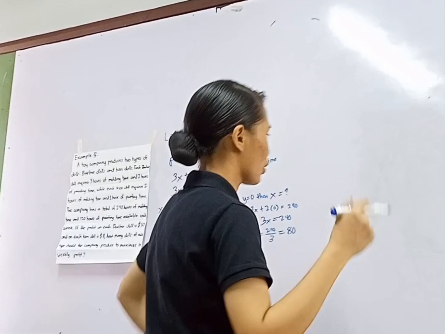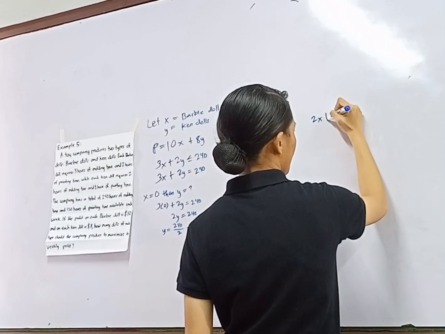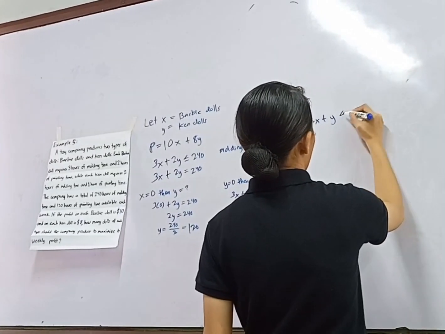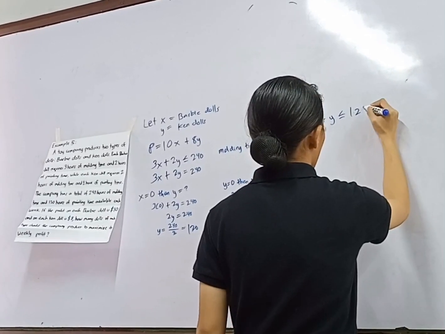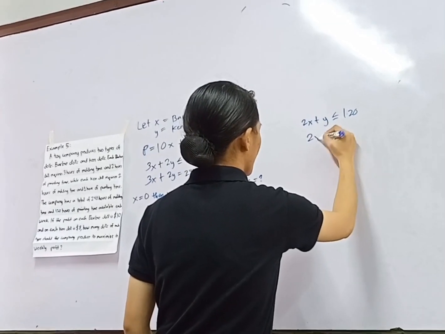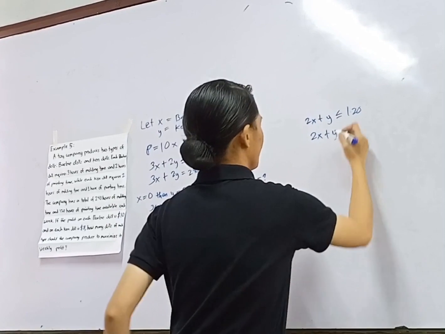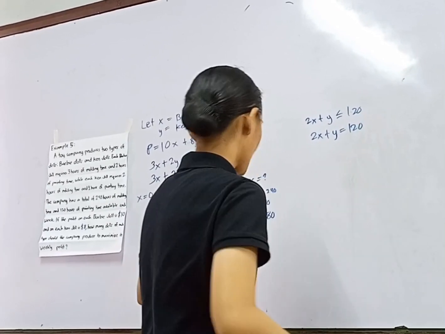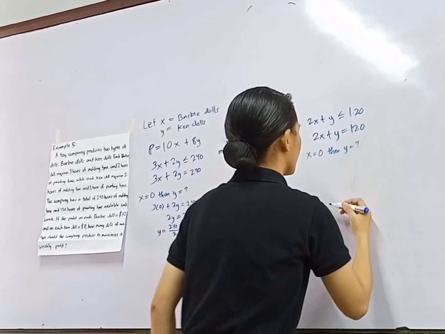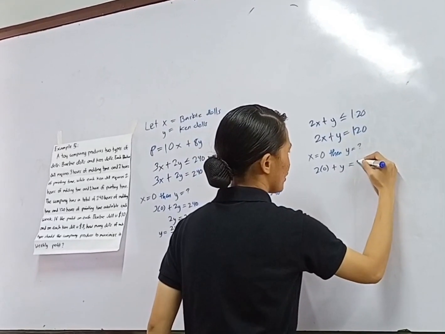Next, painting time. To solve painting time: 2x plus y less than or equal to 120. And the next is we make this 2x plus y equals 120. Then when x equals 0, then y is unknown: 2 times 0 plus y is equal to 120.